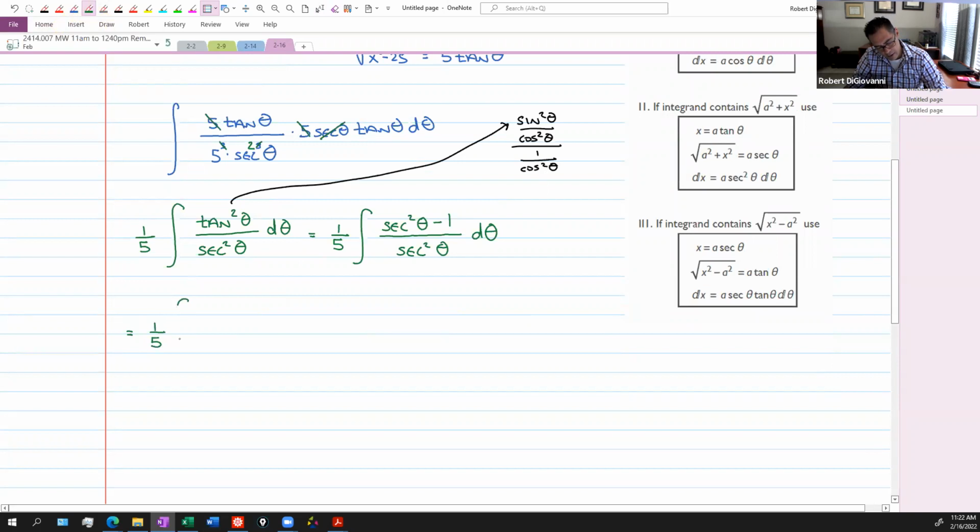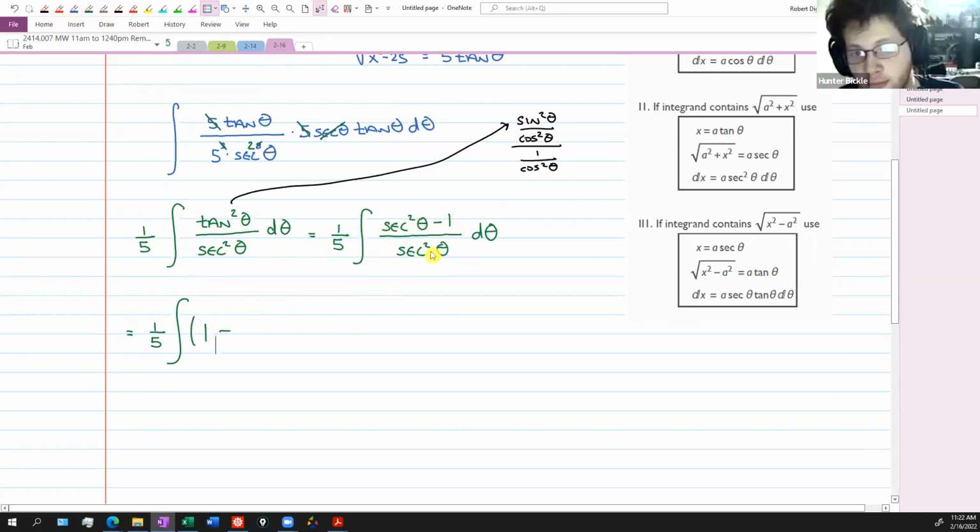1/5, integral. Now, because we have two terms in the numerator and one in the denominator, we can do secant squared theta over secant squared theta, which would be just 1. And then minus, and then we have 1 over secant squared, right? But what's 1 over secant squared? Cosine squared. Yeah.